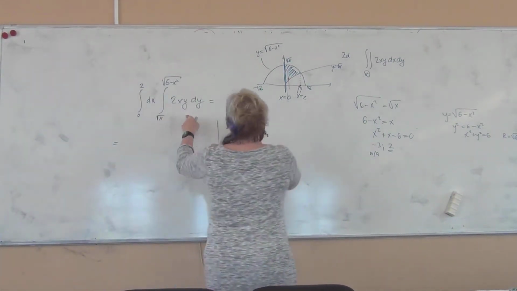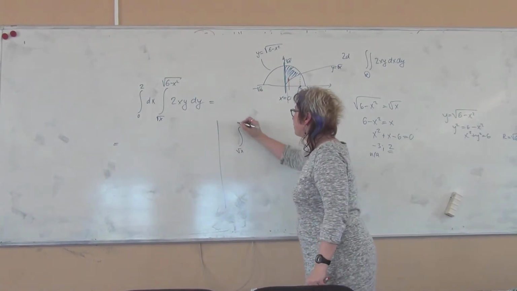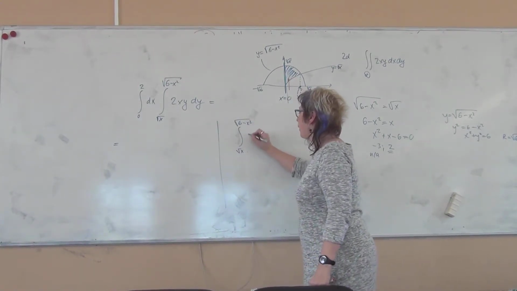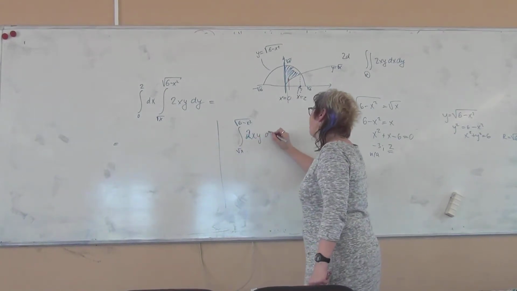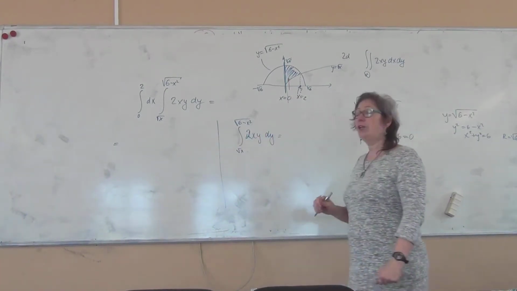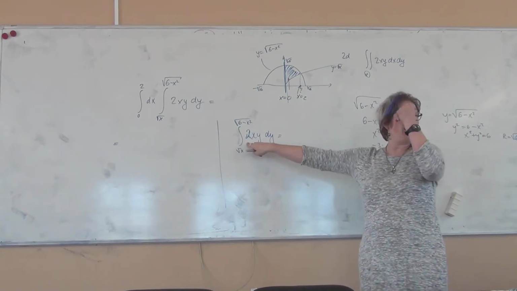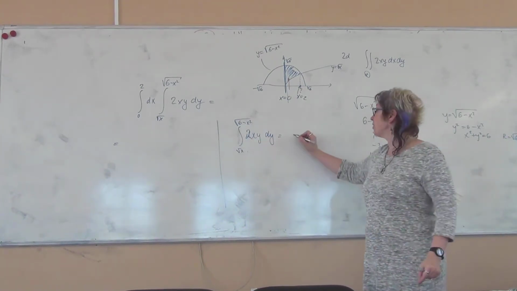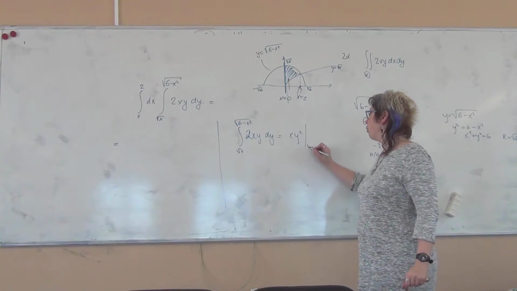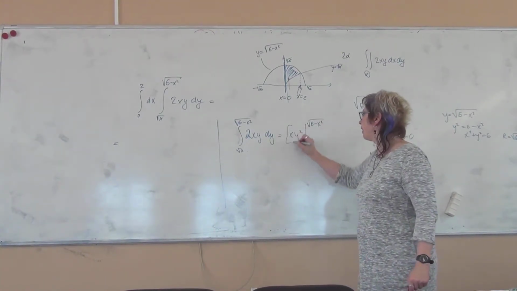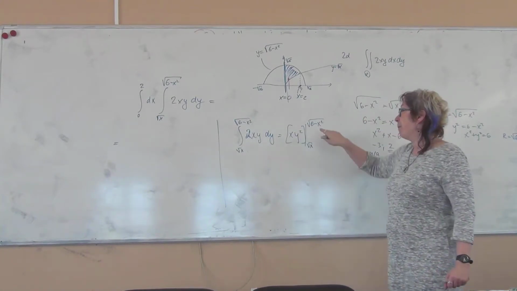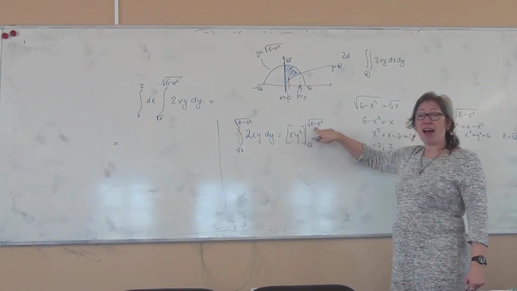Right, let's do this integral first somewhere. The integral of 2xy dy, from the root of x to the root of 6 minus x squared. When we integrate this by y, we get x y squared.